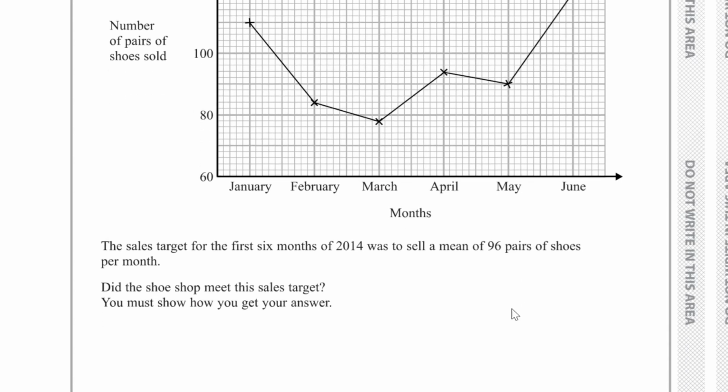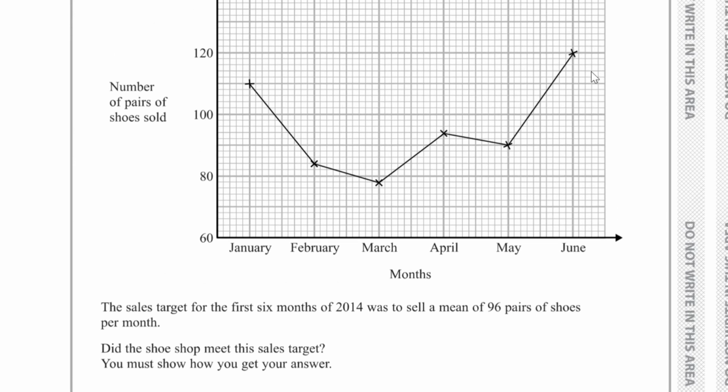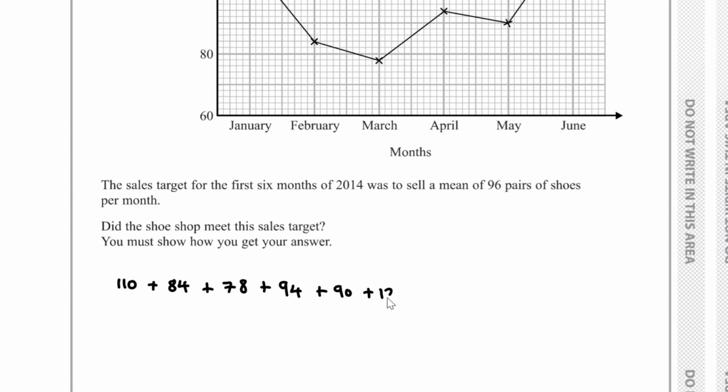So you can see we have 110 from January, 84 from February, 78 from March, 94 from April, 90 from May, and 120 from June. And then we will divide all of this by 6 to find out what the mean is.